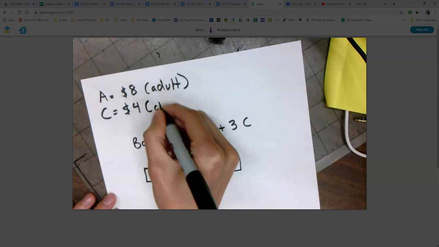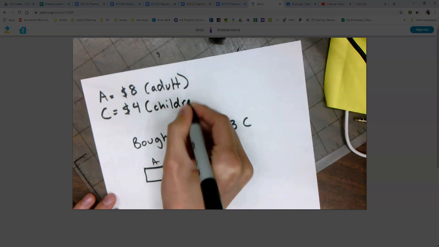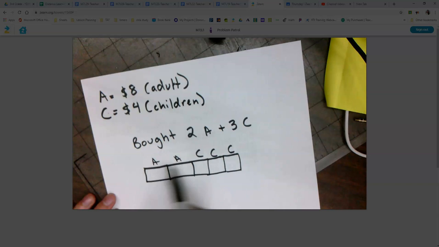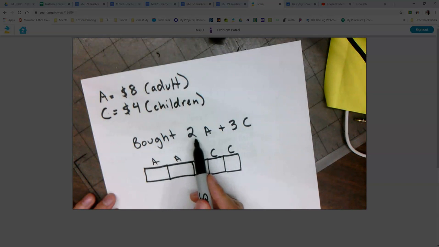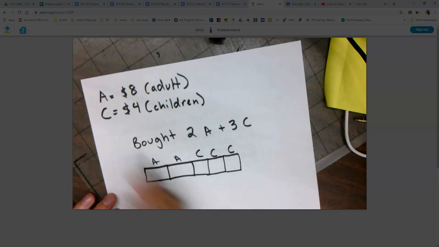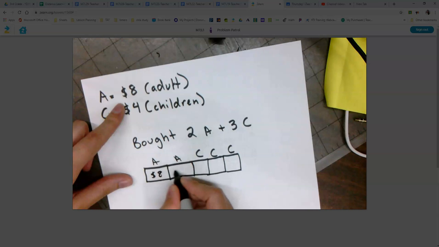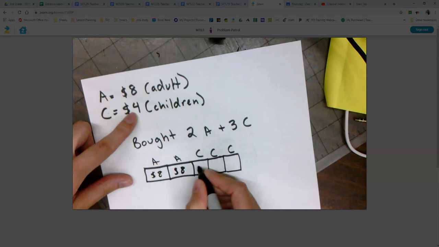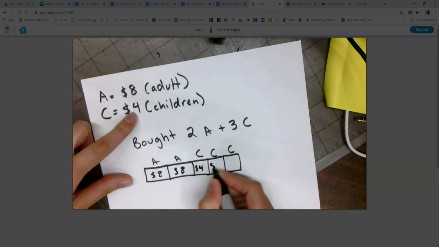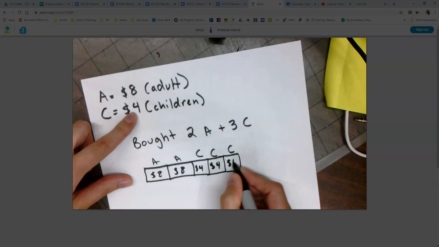And then children. I have 2 A's because there was 2 adult tickets and 3 C's because there were 3 children's tickets. Now I just need to fill in the price of each ticket. $8, $8, $4, $4, and $4.